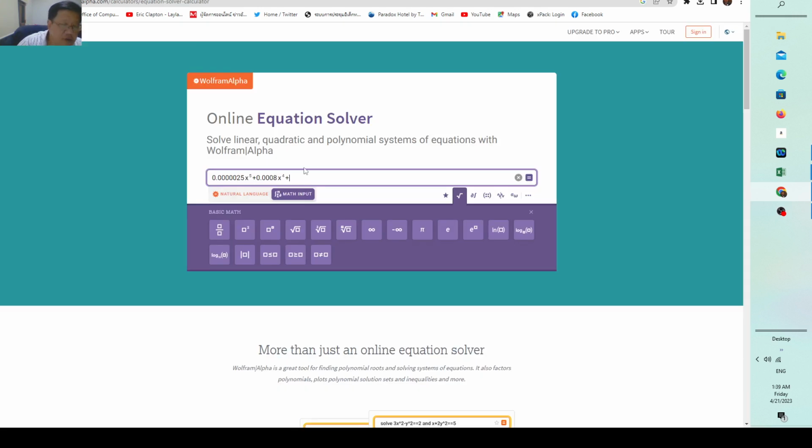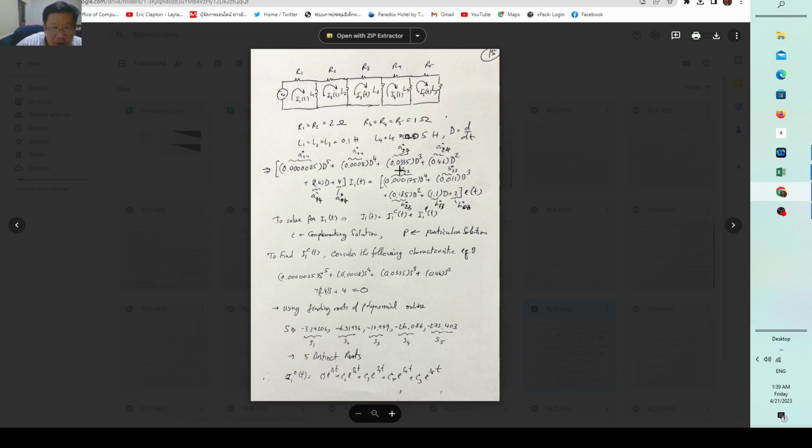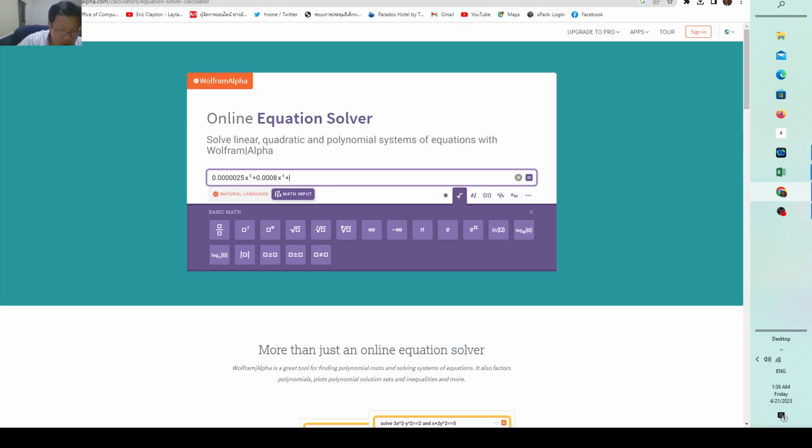The reason I use s in the lecture is because that's the normal notation you are familiar with from differential equations, but to find the root of a polynomial, normally we use x. Again, I forgot this one. You get 0.0335 times x to the 3.